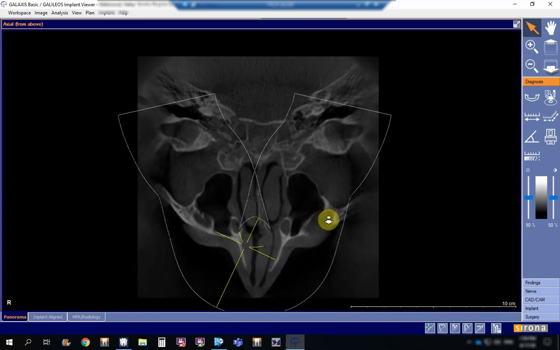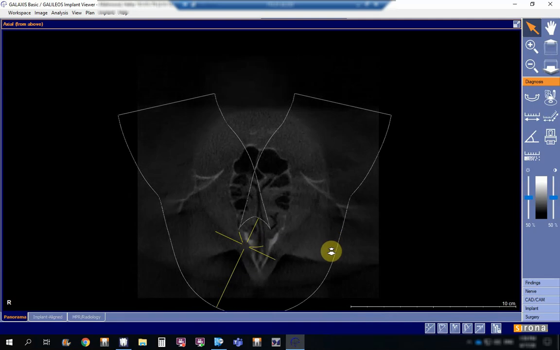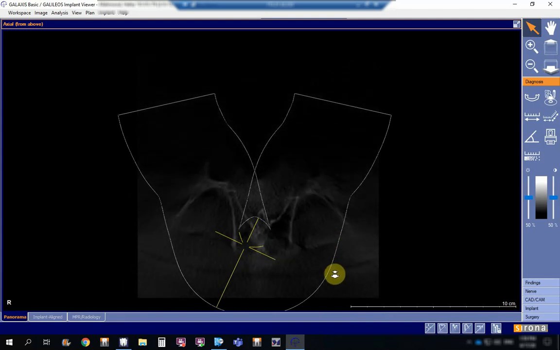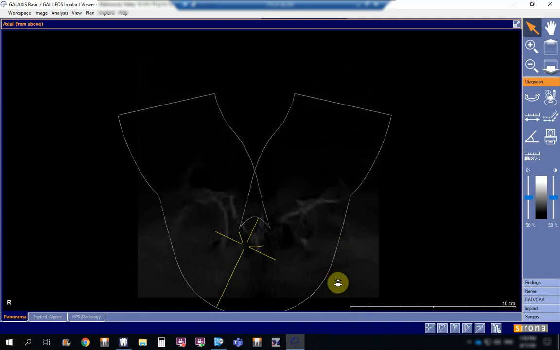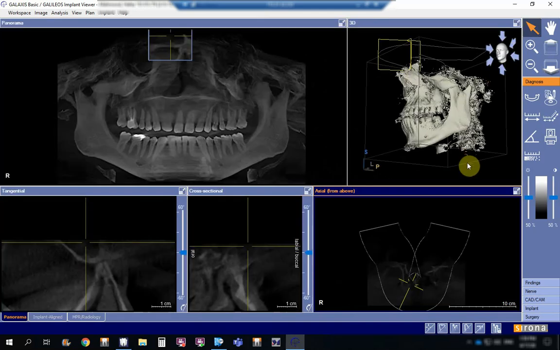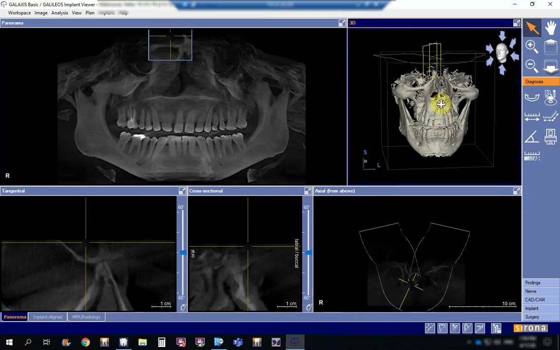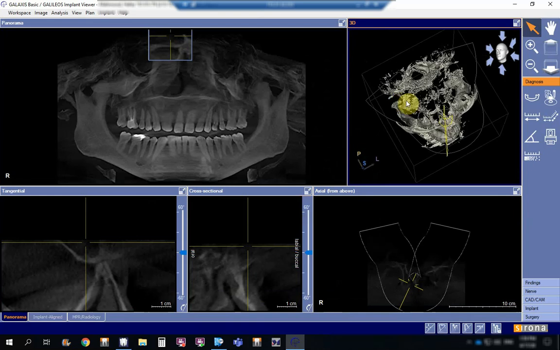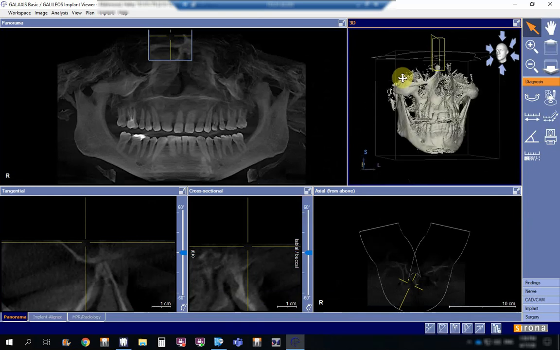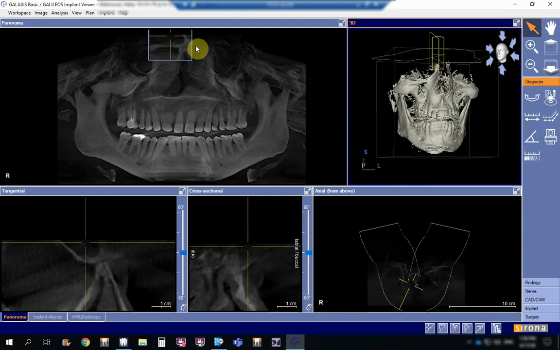I'm going up, and this is the maximum that this image will show. You see here that there will be no image at all. And if we go back to the main window, see, we have gone. This is where we are. This is the section, and this is where we are, up over here. So there are no more tissues.